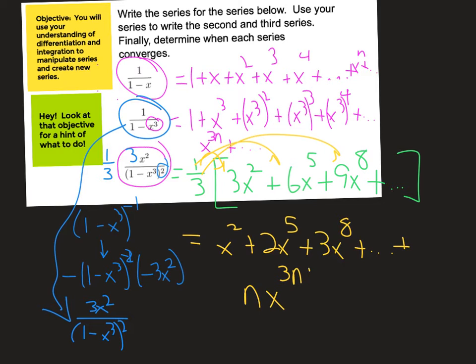So 3n plus 2, and I'm going to leave this as n plus 1 in front. Because if I plug in 0 for n, I get x squared and 1 in front. If I plug in 1 for n, I get x to the 5th and 2 in front. Yes, I like that.